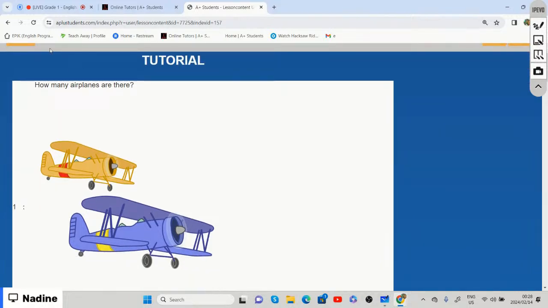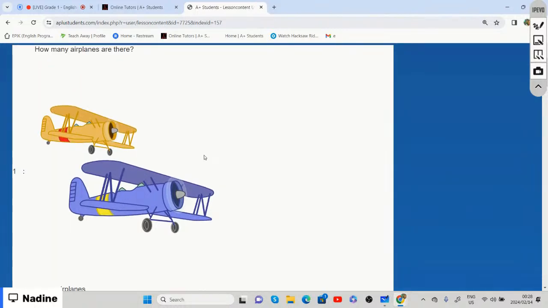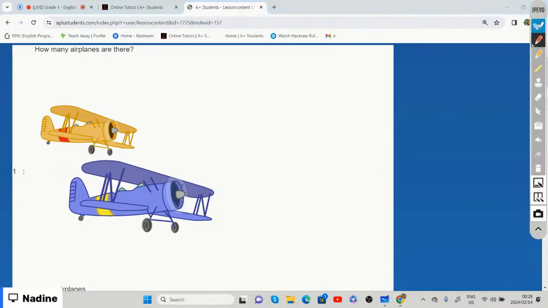And if we look at the airplanes over here, it says how many airplanes are there? Because that is an adjective. An adjective will ask us how many, or ask you what kind. So if you were to ask how many airplanes there are, we'll say there are two airplanes. And then we have one and we have another one.